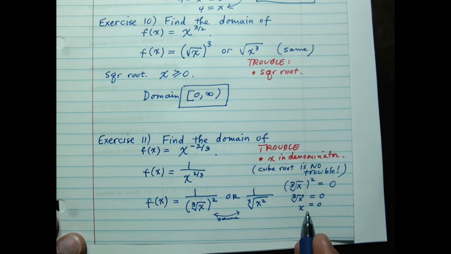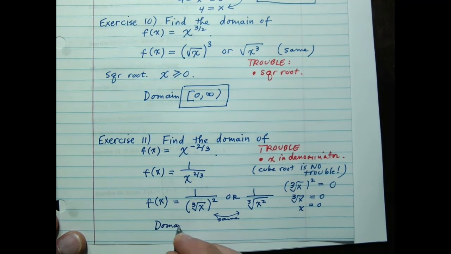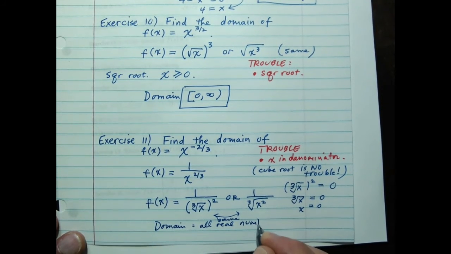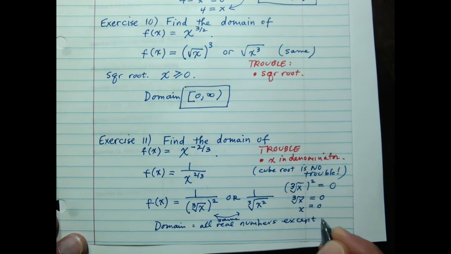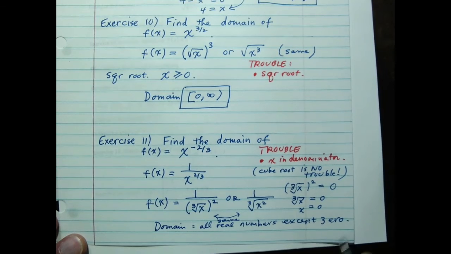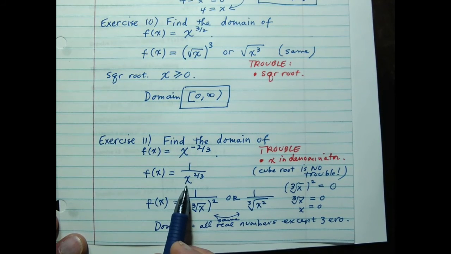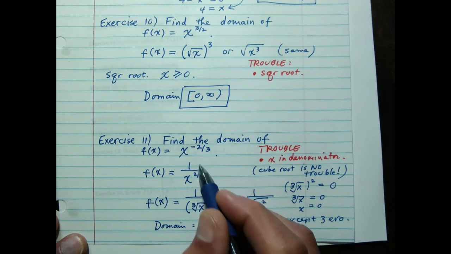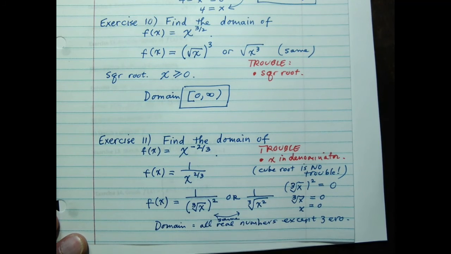So once you realize that, the domain here is all real numbers except 0. One way to see that is 0 is the only number you could plug into this function to get division by 0. There's no other number that would cause the denominator to be 0.